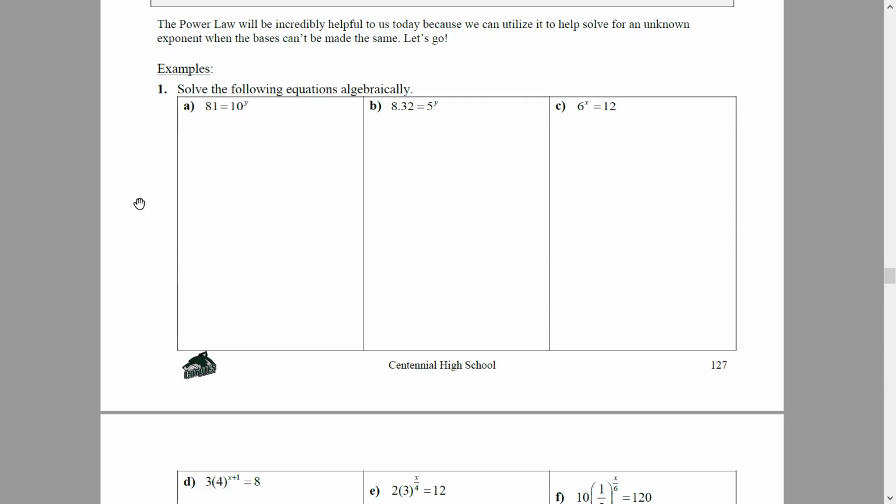Okay, how does this help us? Well, it says solve the following algebraically. So the first thing I look at is, can I make the bases the same? Not that I'm aware of. So step one, we try to make the bases the same. If I can't, I'm going to take the logarithm of both sides.